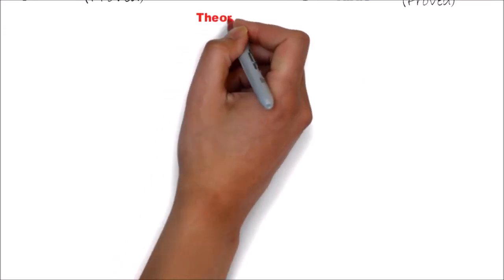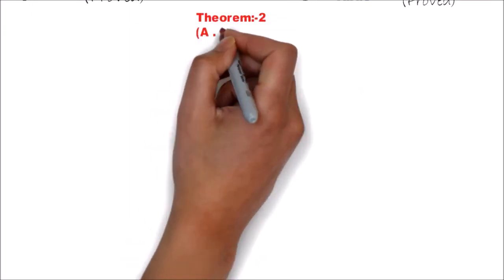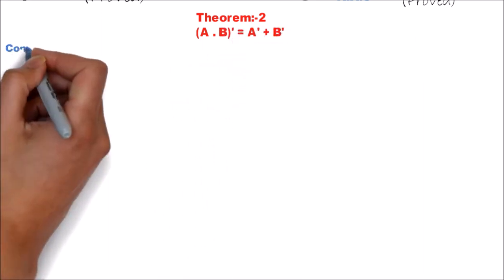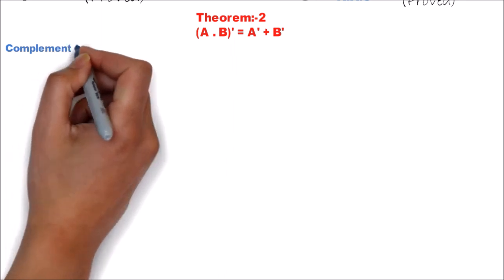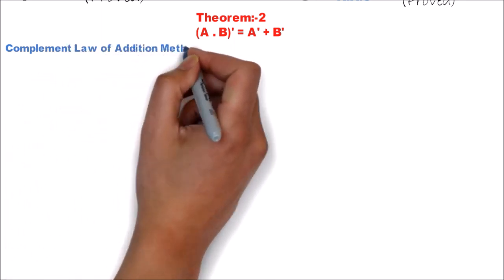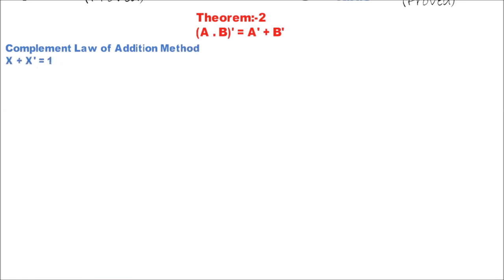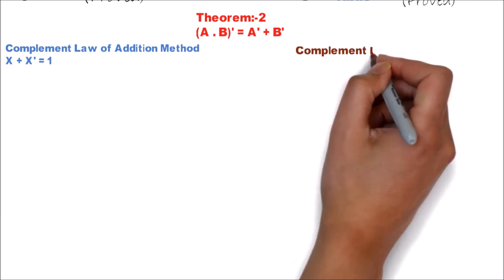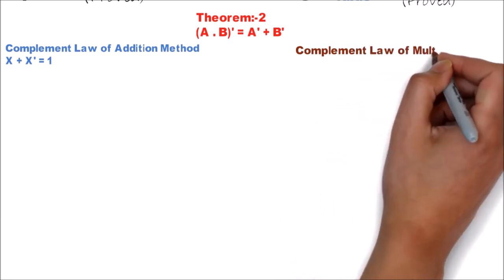Similarly, theorem 2 can be proved. Theorem 2 states that (A dot B) whole complement is equal to A complement plus B complement. Again, the complement law of addition states that X plus X bar equal to 1, and the complement law of multiplication states that X dot X bar equal to 0.